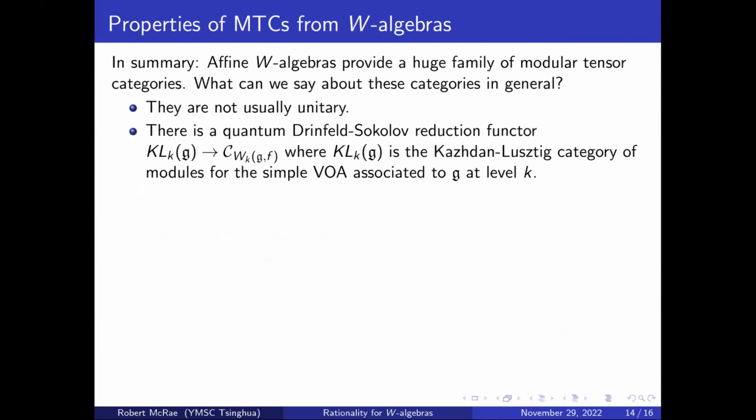So that proves this theorem. So in summary, we do actually get a huge family of modular tensor categories from W-algebras. Again, many of them were already known from the principal nilpotent element case, but many of these are also new.